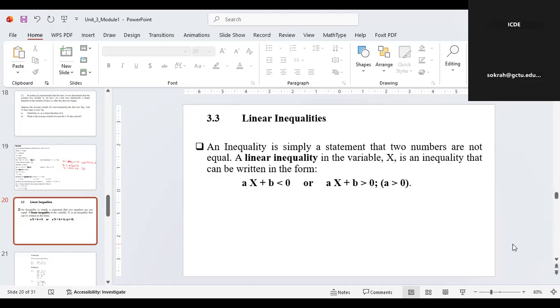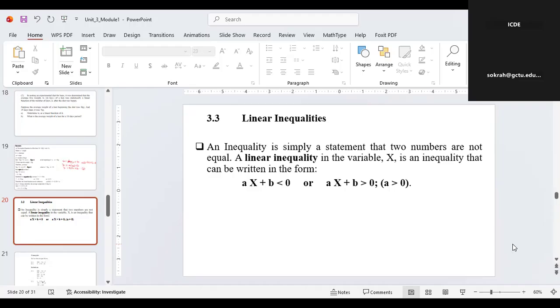The other thing under linear inequalities is that anytime you divide by a negative number, the sign changes. So if the original sign is less than or equal to, and you divide through by a negative number, the sign will change from less than or equal to, to greater than or equal to.